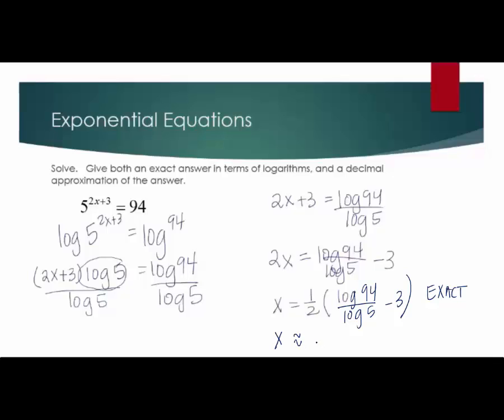When you do, you should get about negative 0.0885. This is again a decimal approximation. That's why I'm using these squiggly equal signs to indicate that I've approximated with a decimal and it's no longer an exact answer. You should be able to plug that back into the original equation for x, and when you evaluate this, get 94, so that would be one way to check your answer.